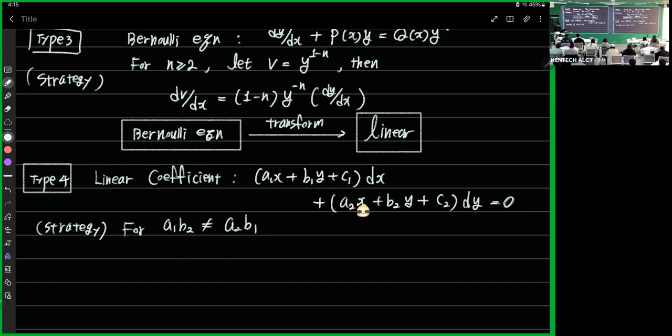We take the coefficients from the first and second equations of the system to construct the matrix, except for C1 and C2. All right, that's too much. So, for A1B2 not equal to A2B1.